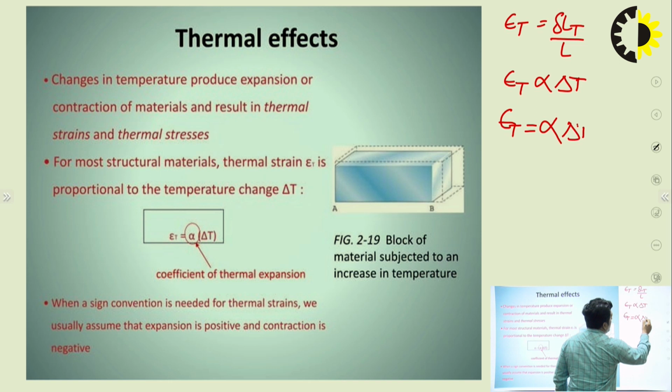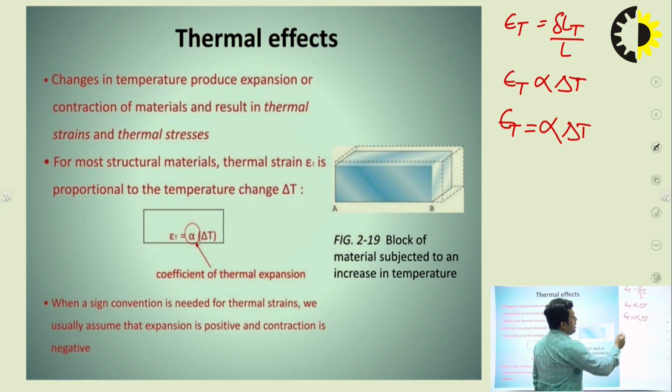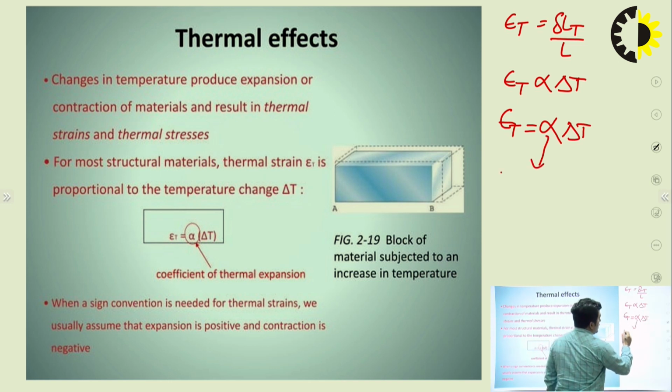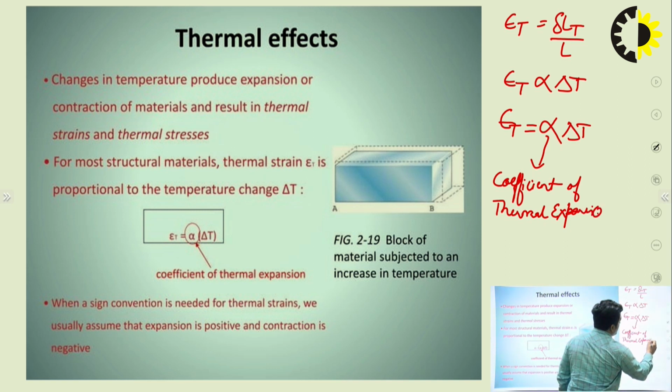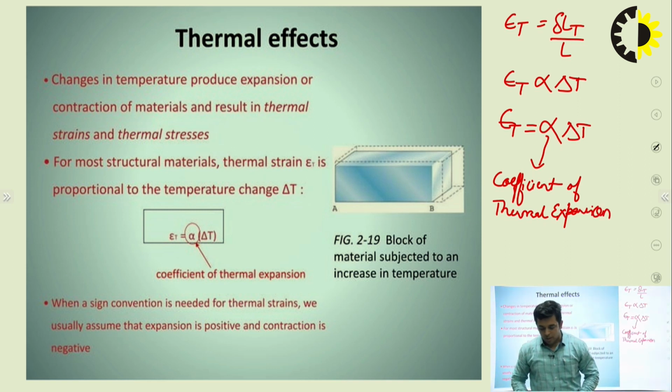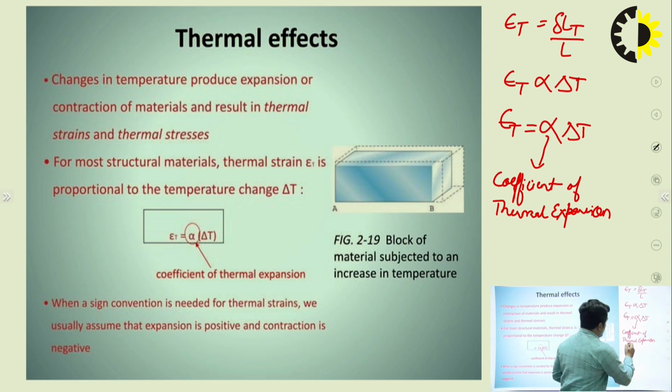This is delta T. This alpha is known as the coefficient of thermal expansion, or we can say coefficient of linear expansion, because the variation is in the linear direction.